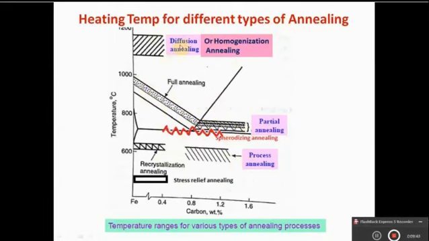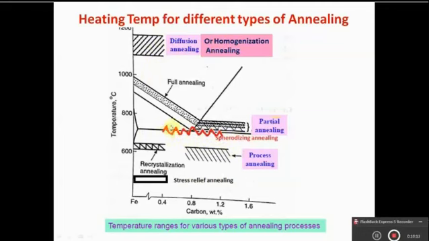So in case of diffusion annealing, the temperature is somewhat higher than A3 temperature, that is upper critical temperature, and this kind of heat treatment is also called homogenization annealing. Then in spheroidization annealing, the castings are heated and cooled at A1 temperature.